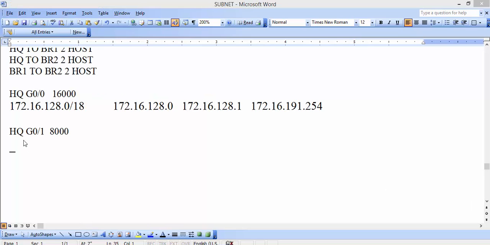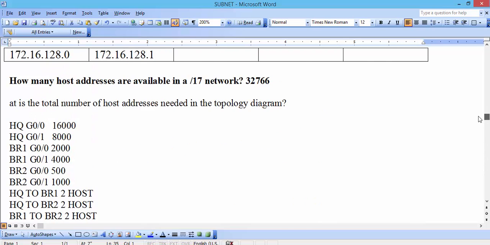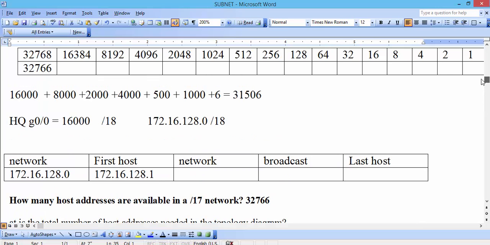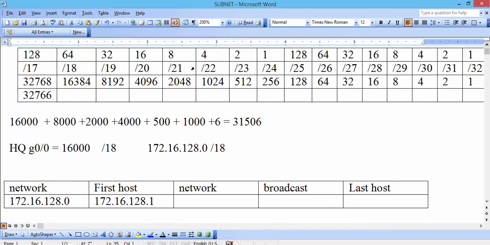Now for HQ gigabit 0/1, we need 8,000 hosts. If we go to the chart for the 8,000 hosts, what is going to be the subnet mask? 8,000 hosts is in this range, so the subnet mask is going to be /19.